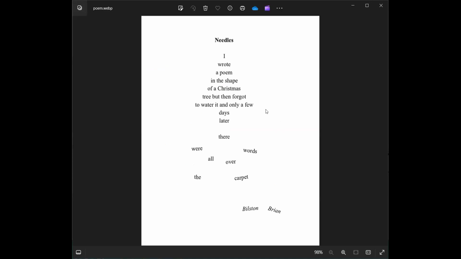So we can see there it doesn't follow any rules about how we normally see text on a page. And there's no punctuation, so it's not following general rules. Okay, any questions about that?